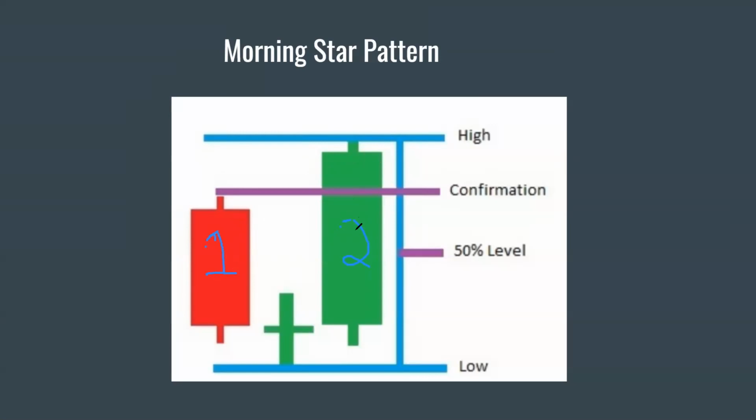So my 2 candle will always be higher than my 1, or in the reverse, if we were going down, my second candle, a bearish red candle, would always be lower than the first candle because we'd be going in the opposite direction.